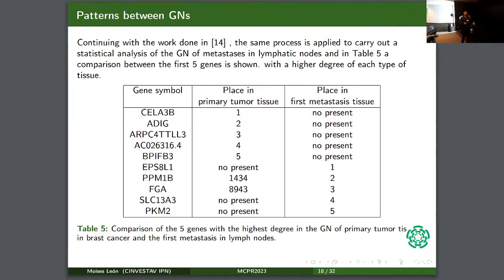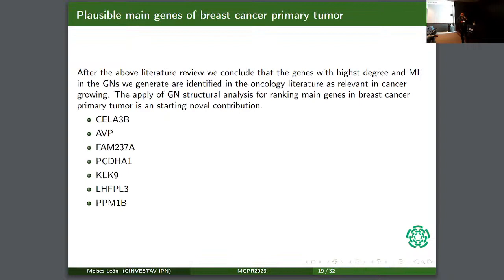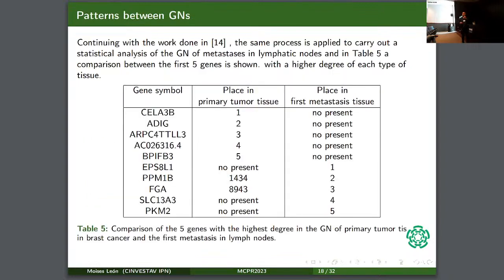To continue with this analysis, we take tissues from primary tumor and tissue from first metastasis in breast cancer, and we identify the main genes in each tissue and compare them. For space, we only analyze the first 5 here, but we can analyze all the genetic network, and we identify some genes that are present in the two genetic networks.